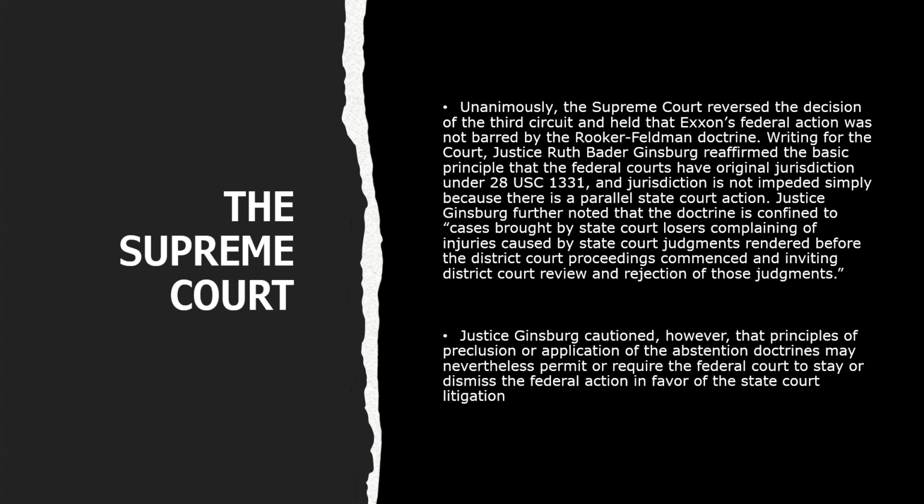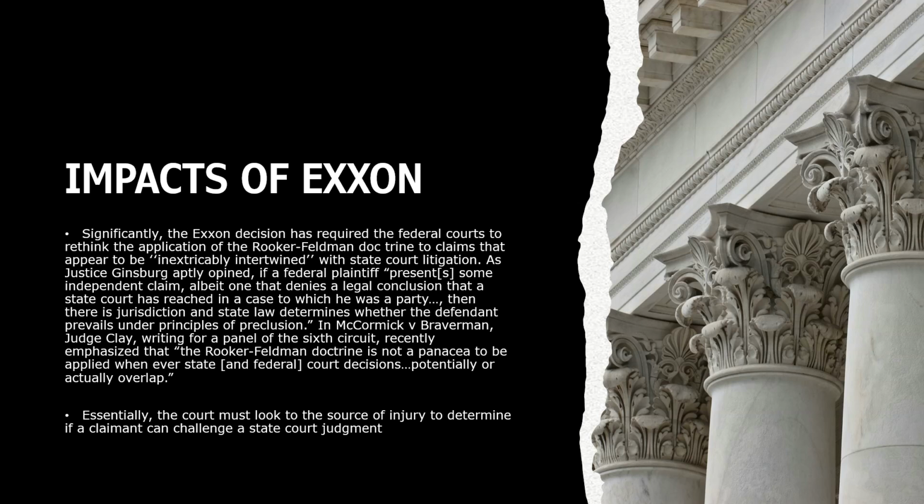Justice Ginsburg further noted that the doctrine is confined to cases brought by state court losers complaining of injuries caused by state court judgments rendered before the district court proceedings commenced and inviting district court review and rejection of those judgments. Justice Ginsburg cautioned, however, that principles of preclusion or application of the abstention doctrine may nevertheless permit or require the federal court to stay or dismiss the federal action in favor of the state court litigation.